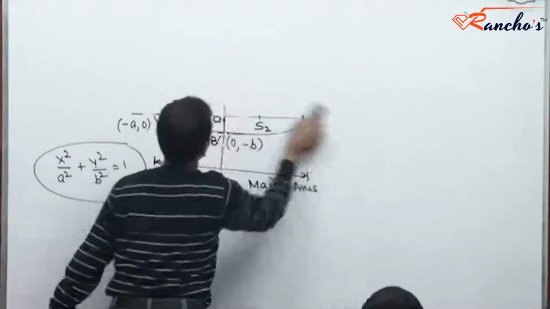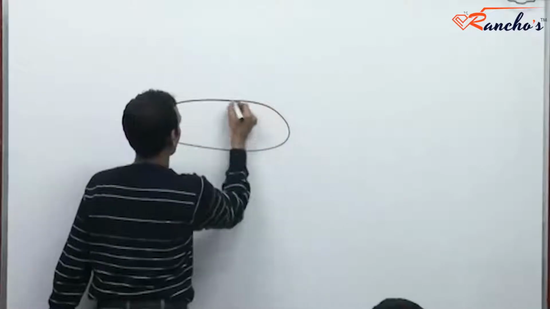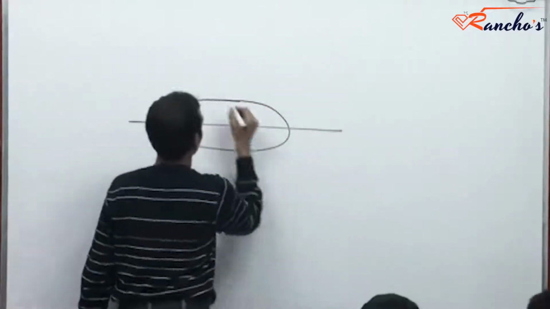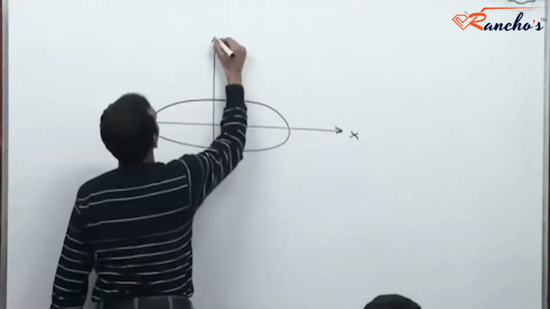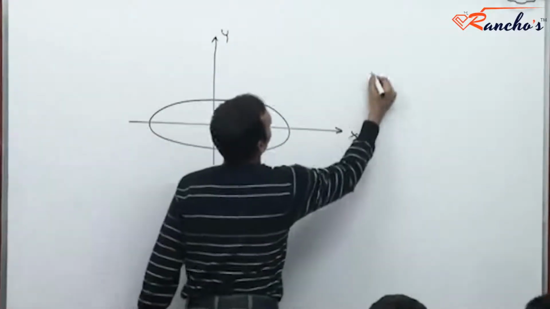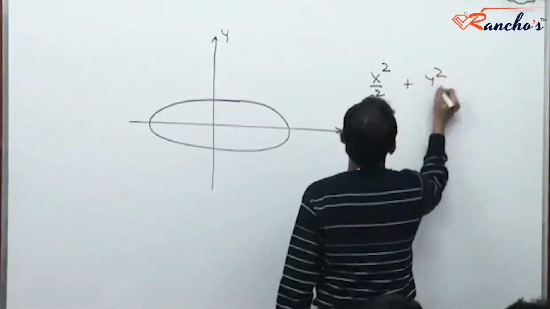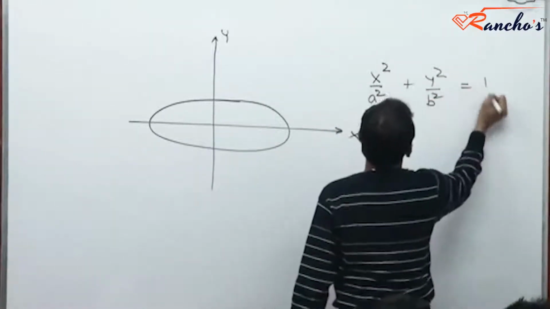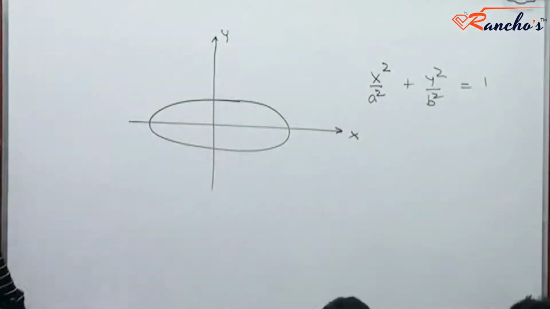Now it can be shown, for a standard ellipse whose equation is x squared by a squared plus y squared by b squared equal to 1, A and b are the semi-major and the semi-minor axis connected by their eccentricity.